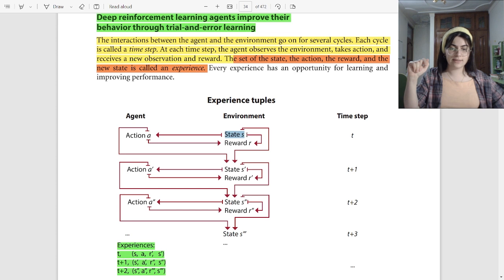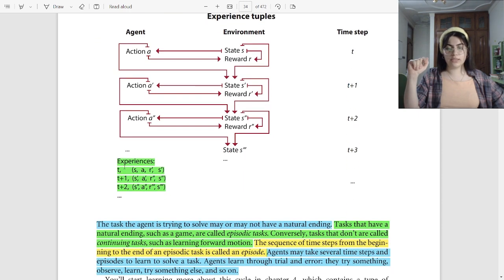We are in the state S. Then the agent takes action A, receives reward R, and here we are in state S prime with the reward R prime. So on time step T plus 1, and it goes on and on and on. So the experiences would be like T, S, A, R prime, S prime, T plus 1, S prime, A prime, R double prime, S double prime, and stuff like that.